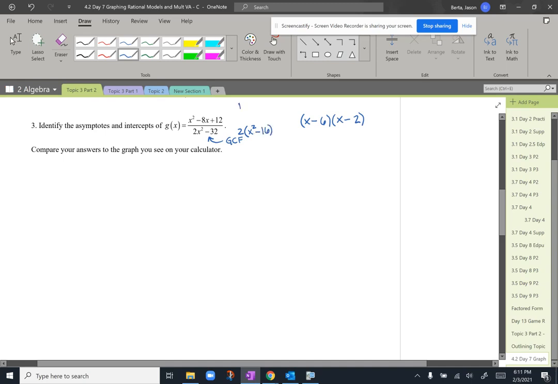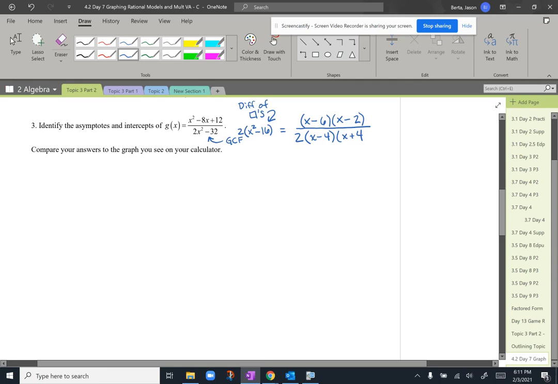Guess what? The difference of squares is making yet another appearance. We know from the last problem that the difference of squares can be rewritten as x minus whatever the square root of 16 is, 4, and x plus 4. Now we've got a factored form and the traditional form to look at.